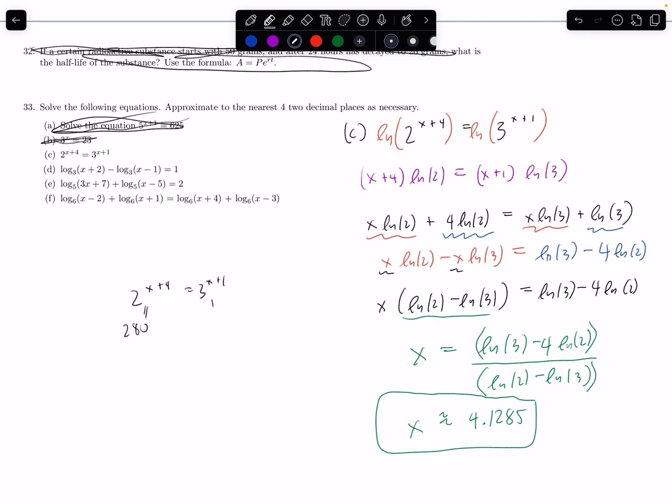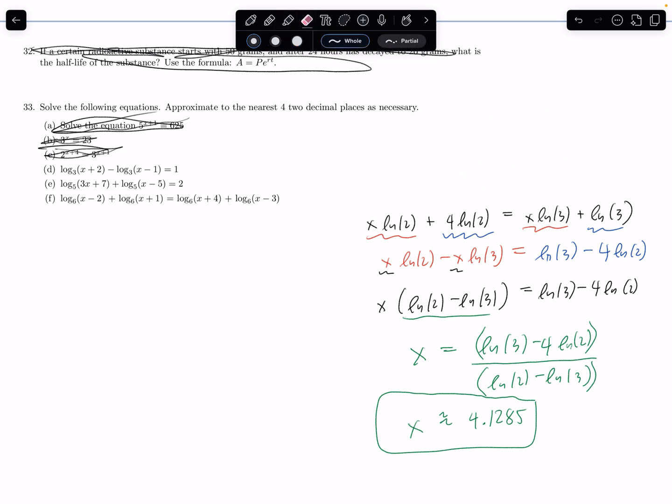Then I'm going to check 3 to the 4.1285 plus 1. And it's about 280 if I round. So yeah, about right, makes sense. Looks like my answer was indeed the right one. Okay, sweet. So halfway done with this last question, or really these last 6 questions.